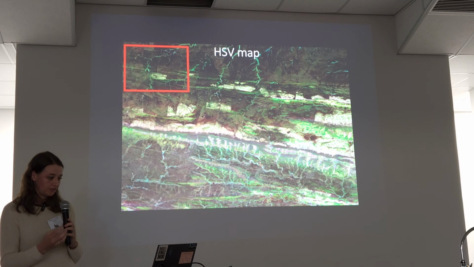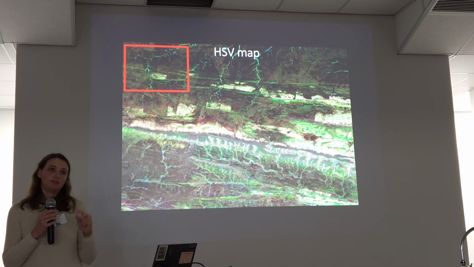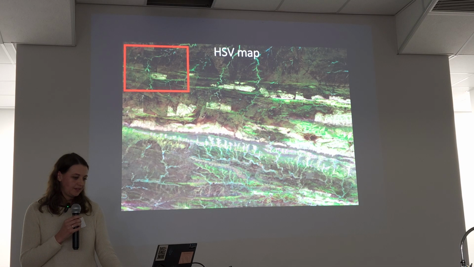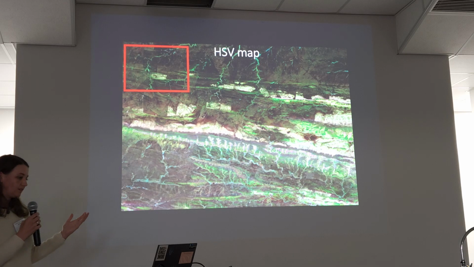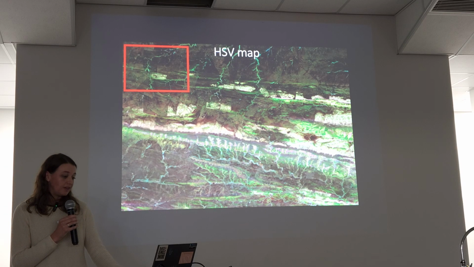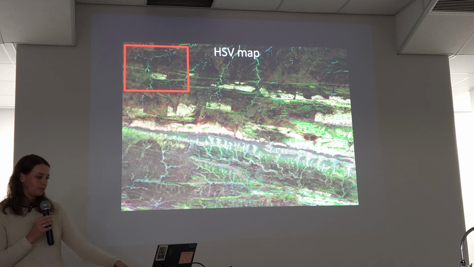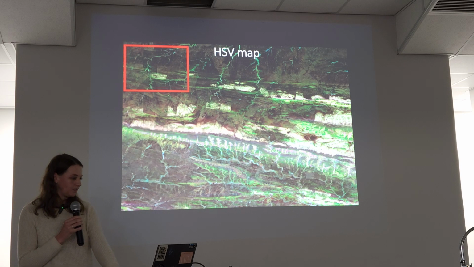The saturation, so how dark it is, is the amplitude, so the strength of the seasonal cycle. So the brighter, more vivid colors usually correspond to healthier vegetation, depending on which vegetation you are in. And then the value is the mean NDVI. So it combines those 3 things to visualize phenology better.